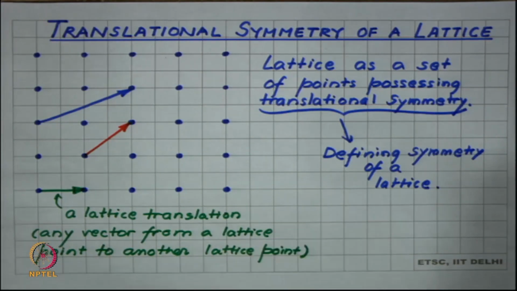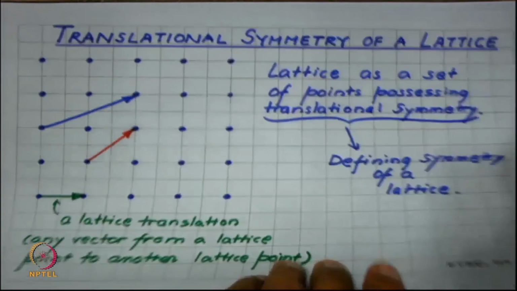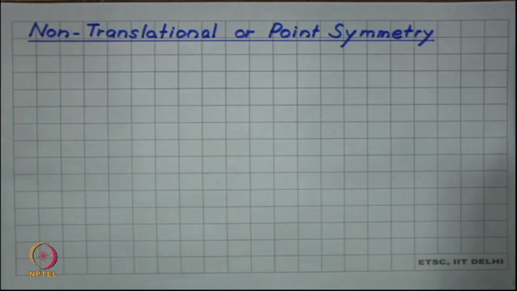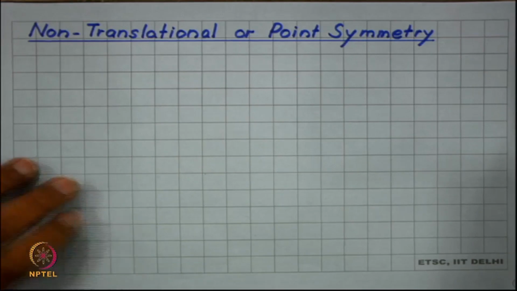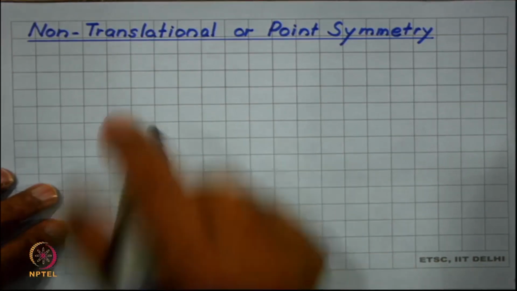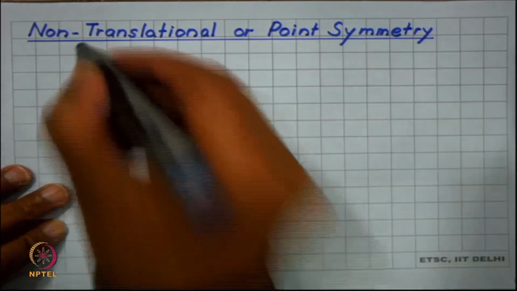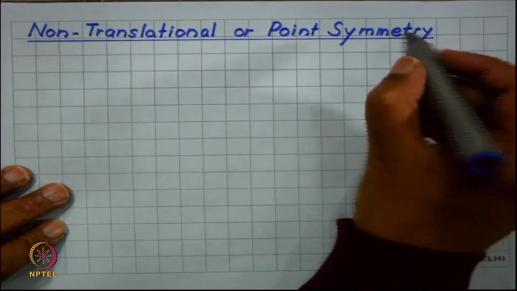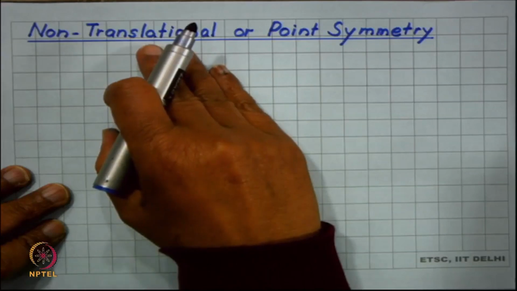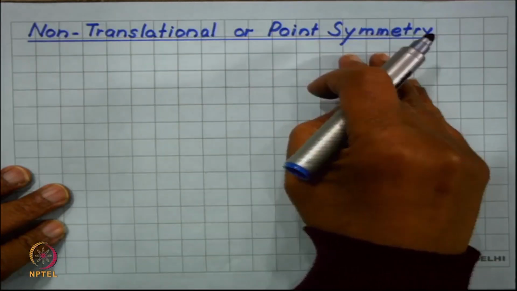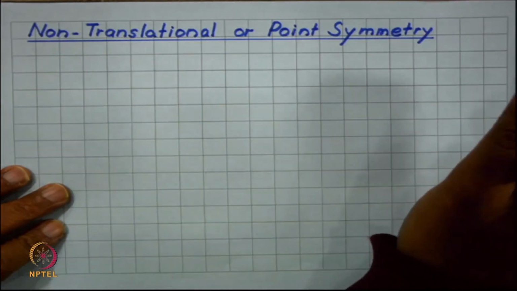A lattice, apart from these translational symmetries, may possess other non-translational symmetries also. These non-translational symmetries are called point symmetry, because in contrast to translational symmetry, which moves all points, point symmetry leaves some points unchanged.